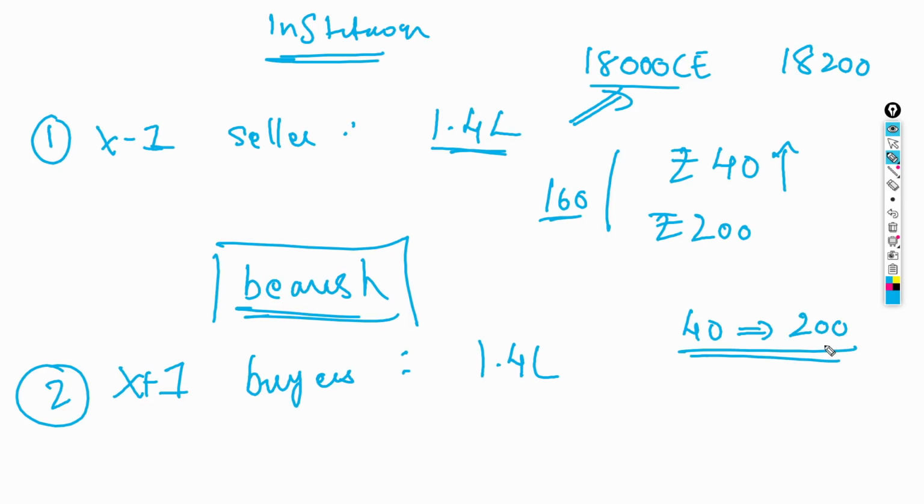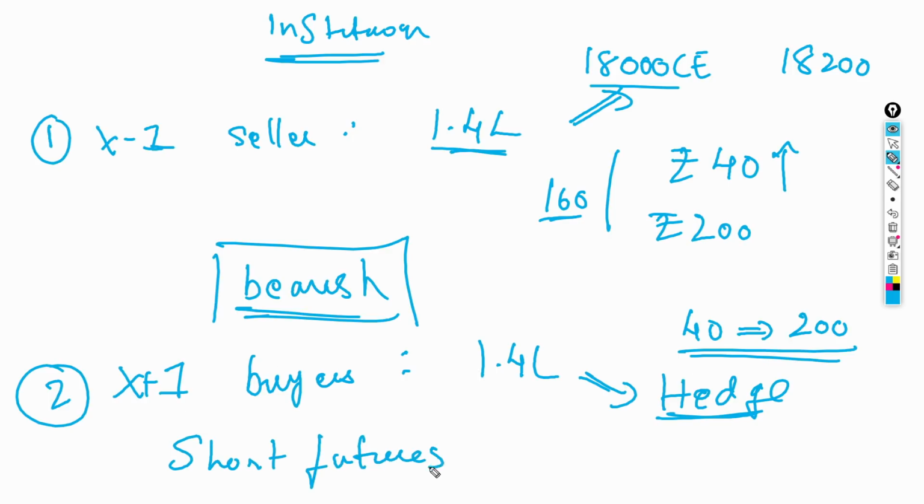So if institutions are buying call options, then they will be buying it as a hedge. So only to hedge, they will be buying a particular call option. So why would you hedge a particular thing with the call option? You would only hedge it with the call option if you're short on futures. So only if you have shorted futures, you will end up hedging it by buying a call option.